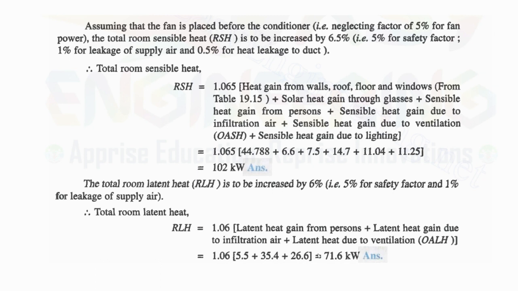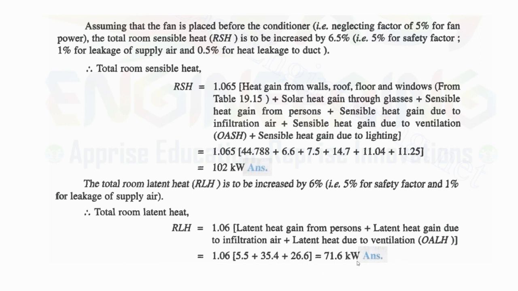Here we now have to calculate the total room sensible heat in the table, from the windows, the solar heat gain, and the other heat gains from the air that we have calculated. So we just have to add them. Here we have added a factor of 1.065.